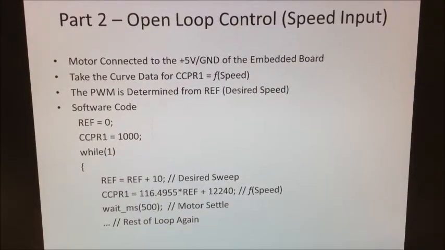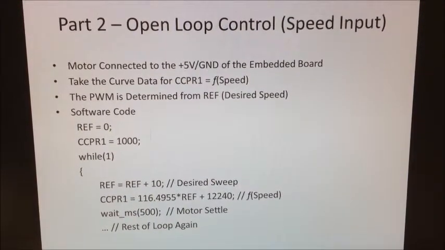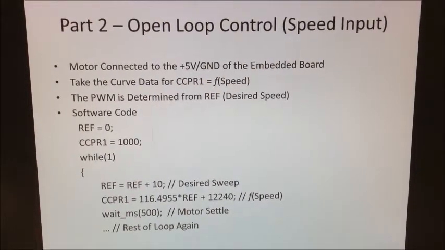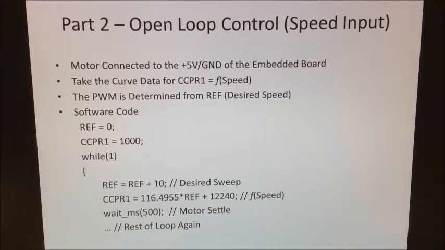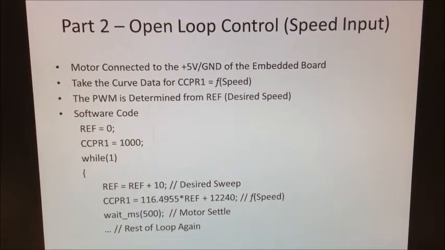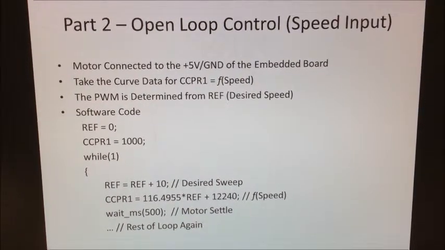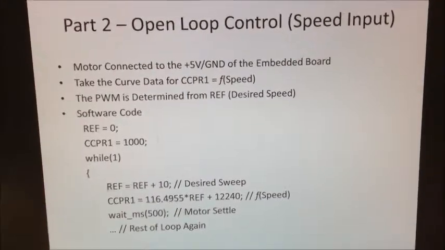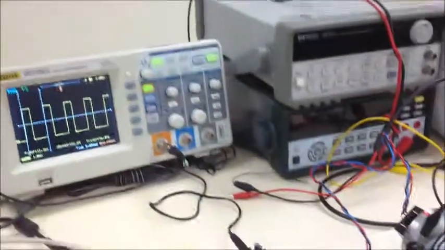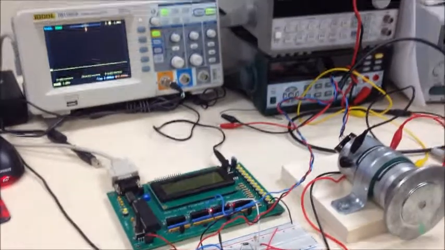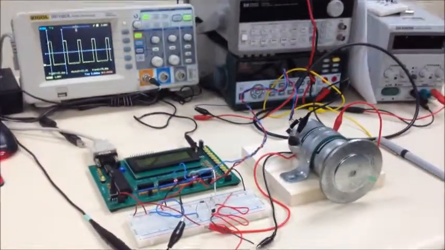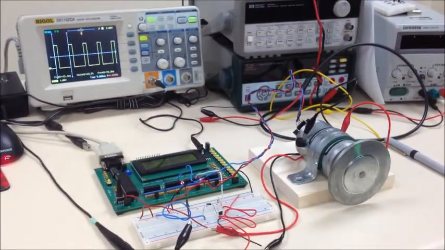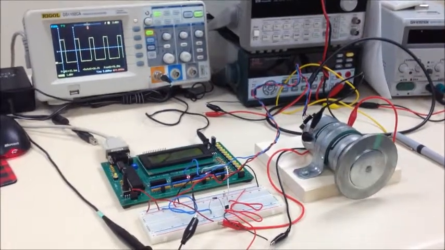Alright, and for part 2, we will take the data from the curve fit from part 1 and create a speed function for the CCPR1, as you can see there in the code. As you can see, it starts up right away, more or less.